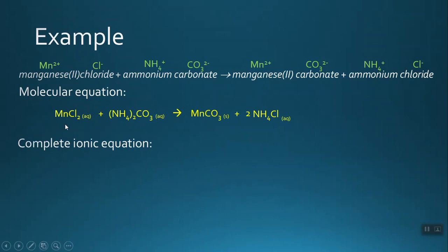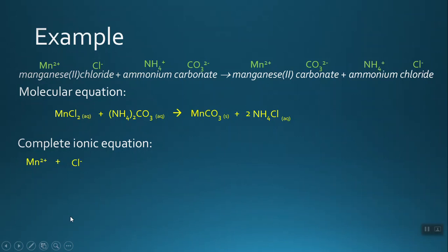If we look here, and you can refer back up to our scratch work, manganese 2 chloride, when it dissociates, will form Mn2+ ion and chloride ions. I'm going to come back afterwards and deal with the total number of atoms to make it match my ions, but right now I just want to focus on writing out all of my ions.